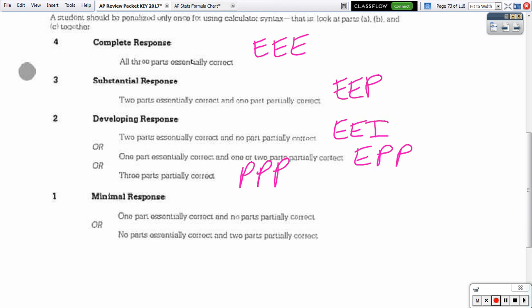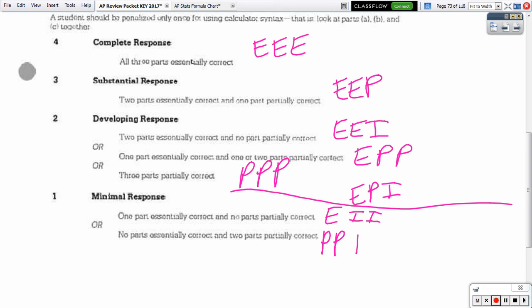I bet EPI would count for this also. Okay, and then 1 point if you got an EII and/or PPI. All right, so there's your points on that. Hopefully you got some stuff there.